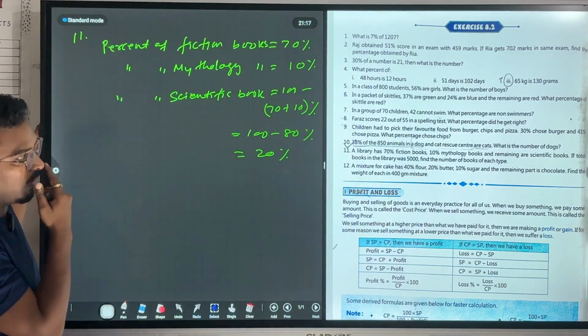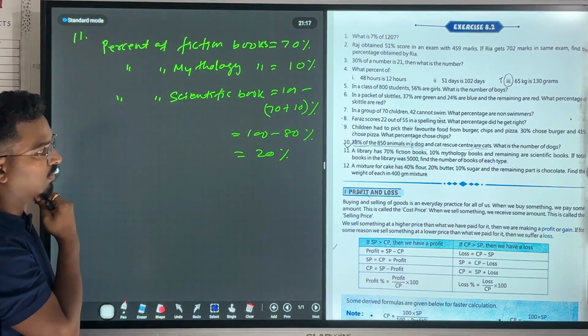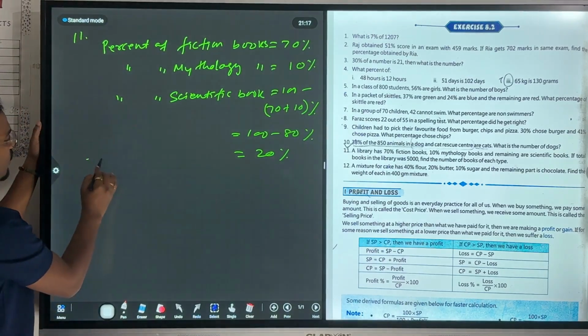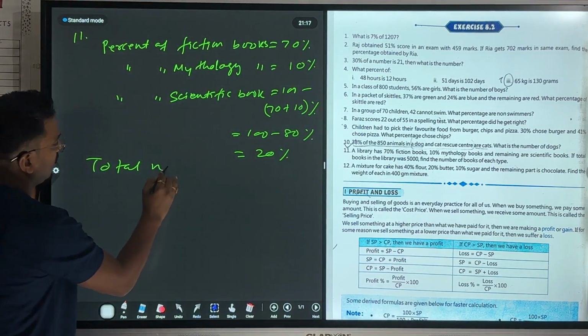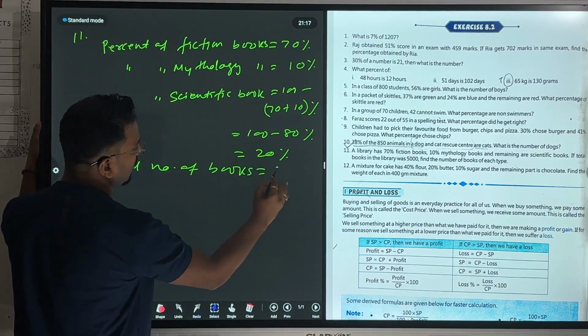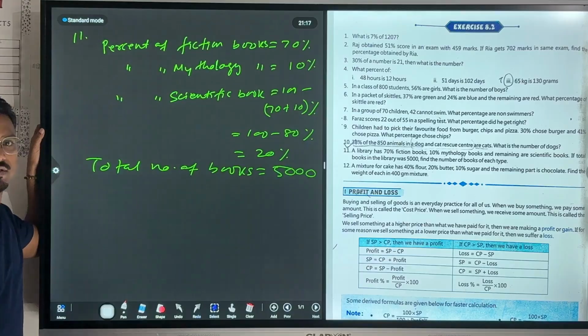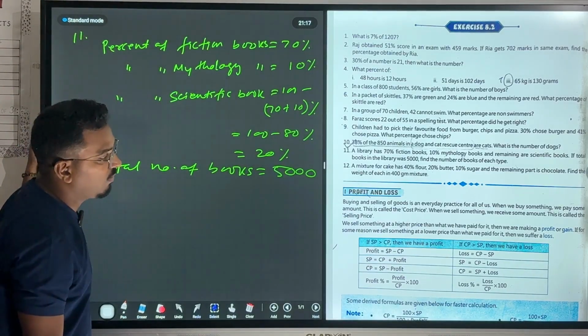Now you have to find the number of book in each type. So total number of books is given 5000.